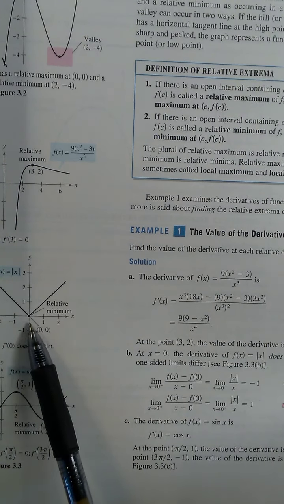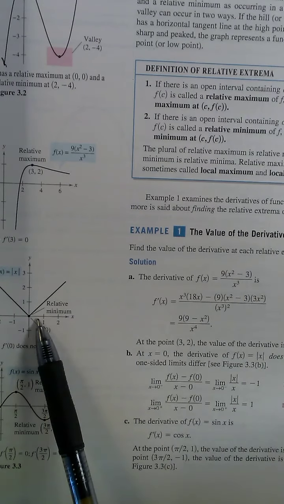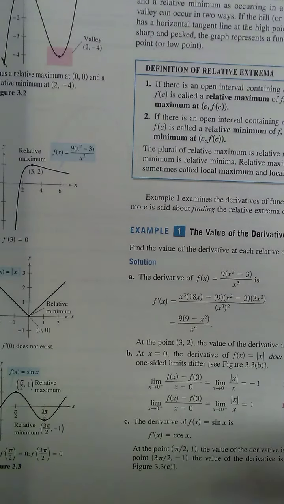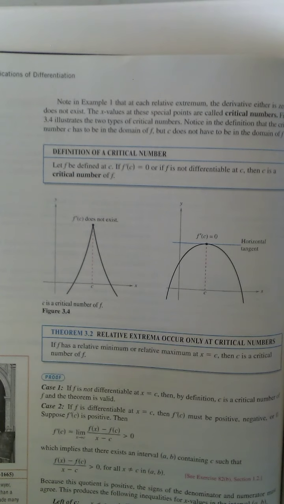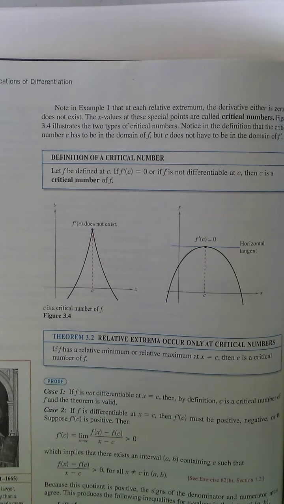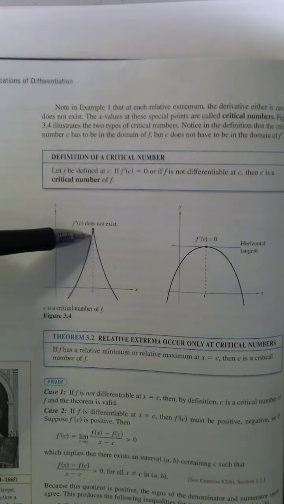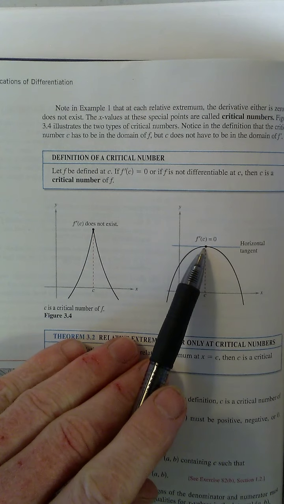So we have to look for both horizontal tangent lines and places where the derivative does not exist, where there is no tangent line. Okay, so here's the two situations. A peak or valley at a corner, or a peak or valley at a horizontal tangent line.